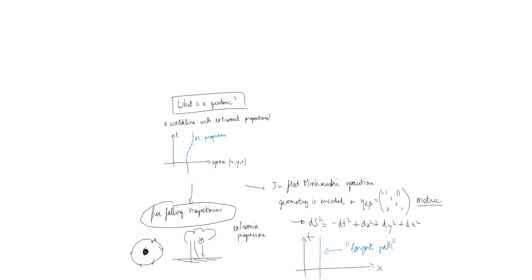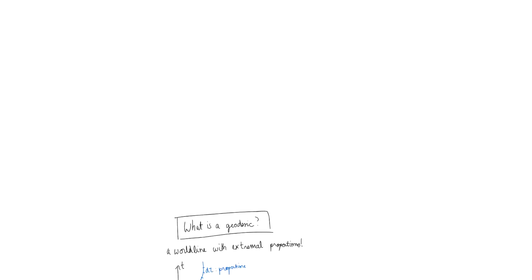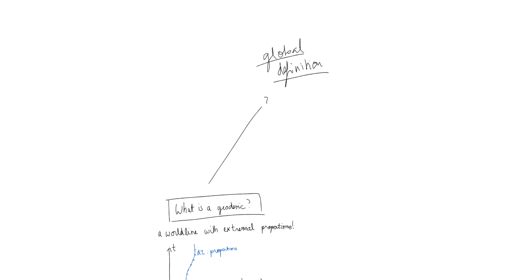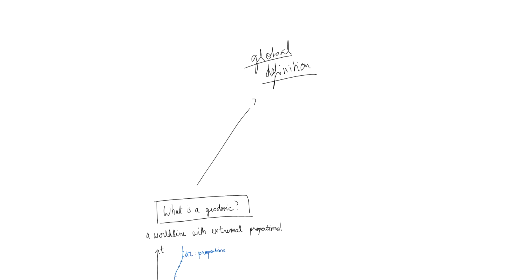So let's talk about the global definition of a geodesic. The global definition is exactly what I said at the beginning: a world line with extremal proper time. So there's the notion of extremum.